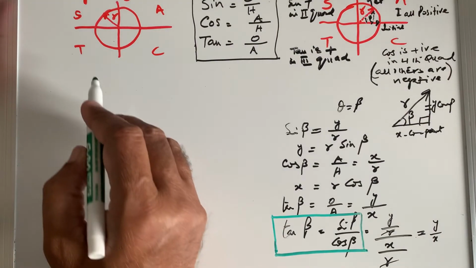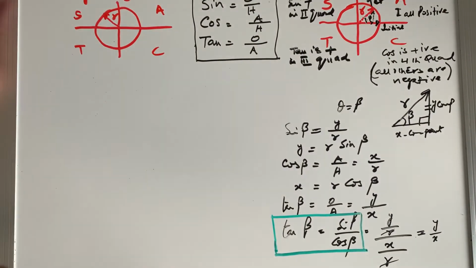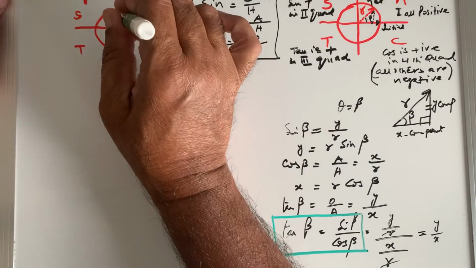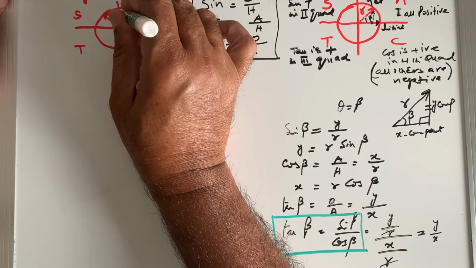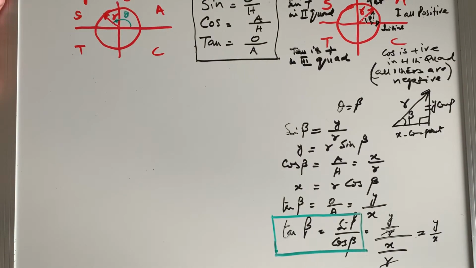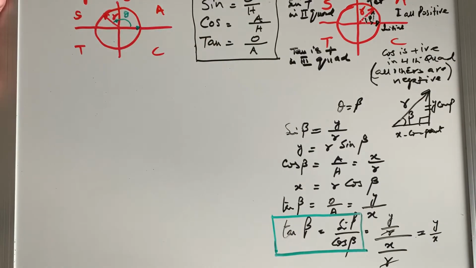Now, if you have this triangle, my theta and beta are different because my theta is always anti-clockwise. You remember? Anti-clockwise, initial arm to the terminal arm. So this is my theta, or principal angle.